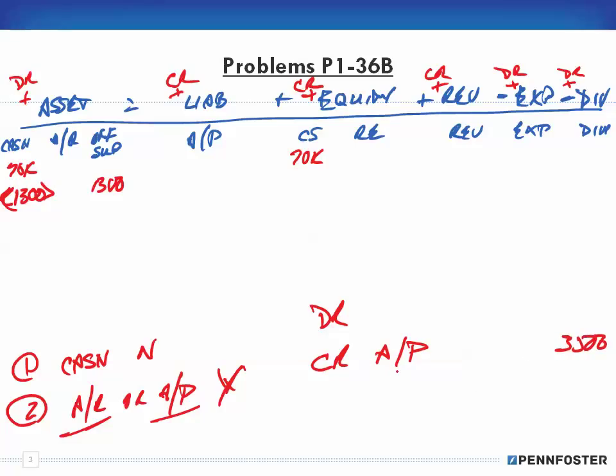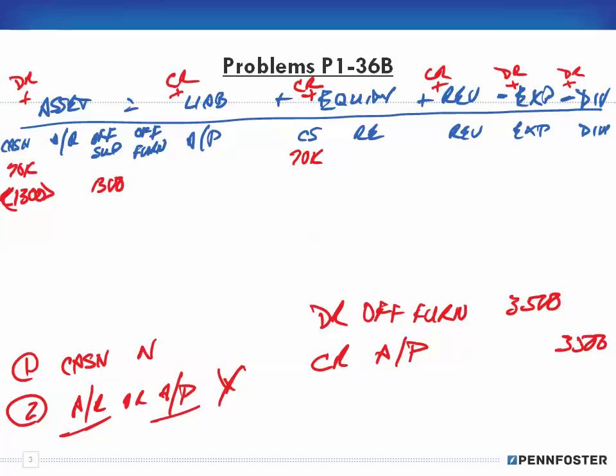And if my debits have to equal credits, and I have a credit to accounts payable, that means I debit something else for $3,500. And the question is what? The question is, what are we buying? We're buying office furniture, right? So I'm going to debit office furniture for $3,500.